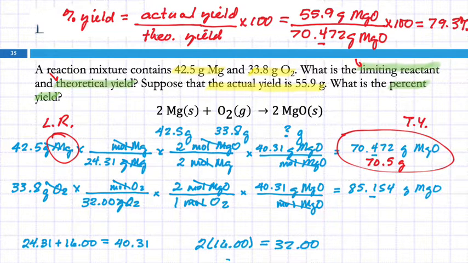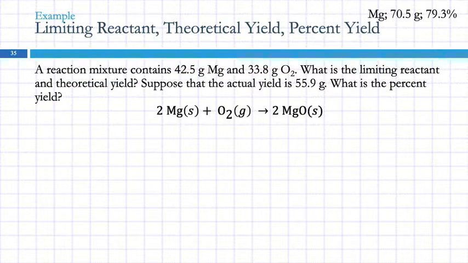Now, whether that is considered a good yield or not depends on a lot of things. So, magnesium is the limiting reactant, 70.5 is the theoretical yield, and this is the percent yield.